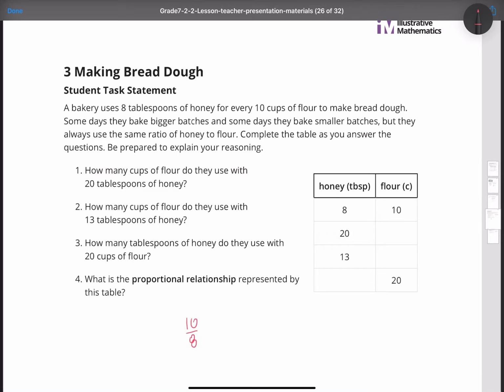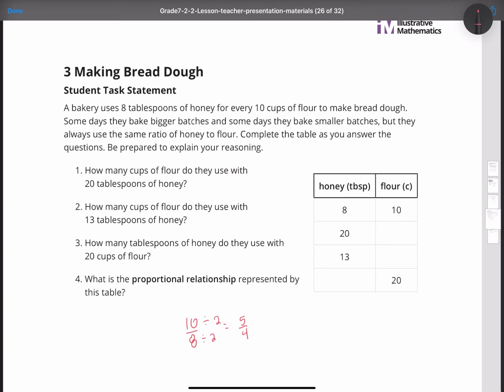Now this is in fraction or ratio form, but I can always simplify my fraction before doing any real division. So I'm going to divide by 2, and I should get 5 over 4, or 5/4.